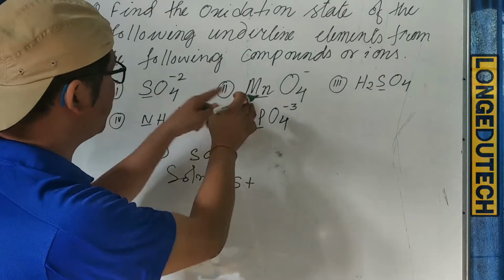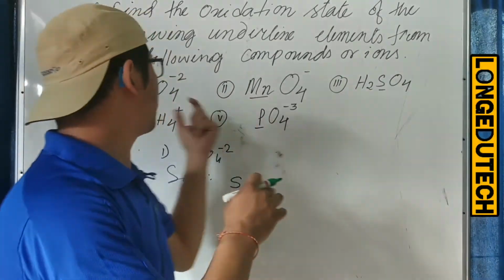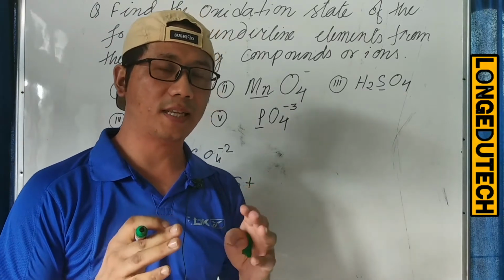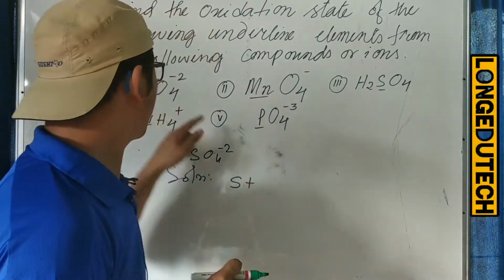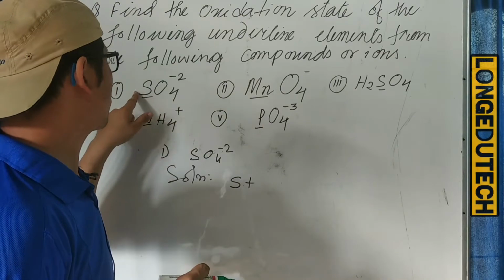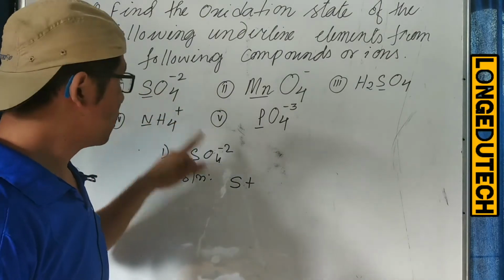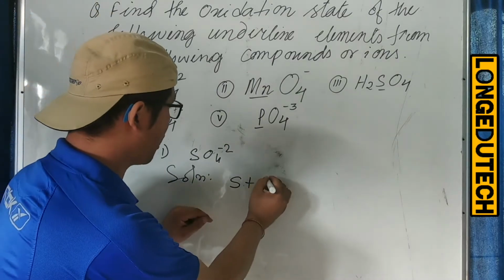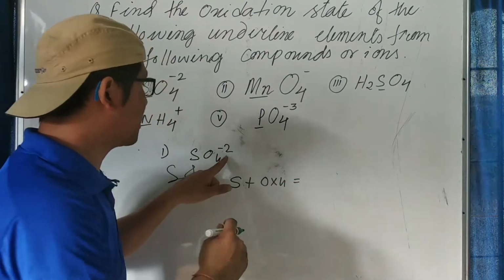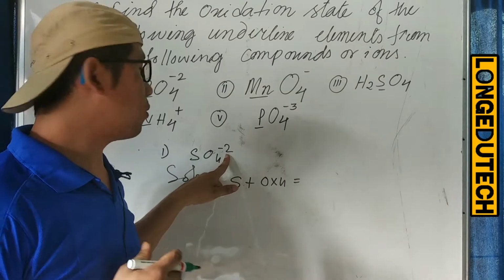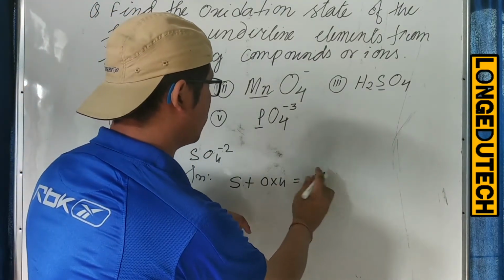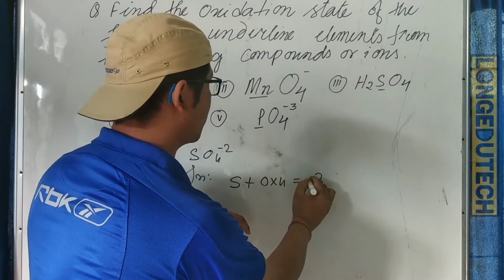Between all these elements we have to add a plus, meaning the sum. The 4 belongs not to the sulfur but to the oxygens, so O is multiplied by 4, and this is the charge of the ion, minus 2. So you write it equal to minus 2.